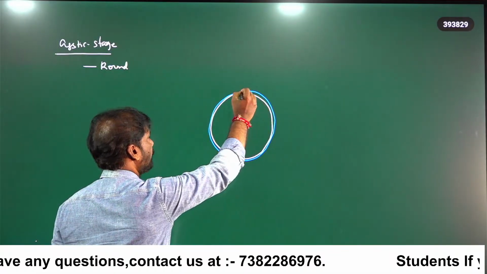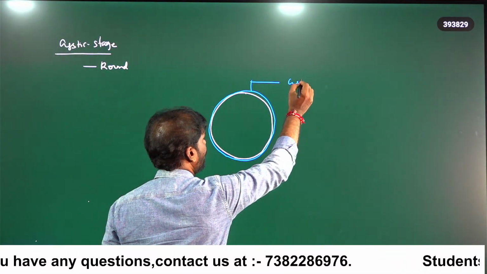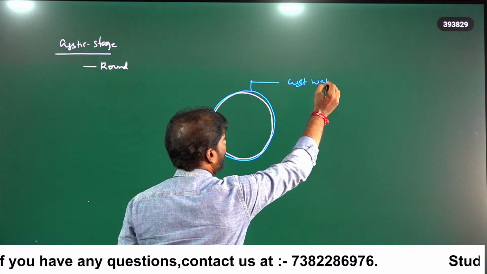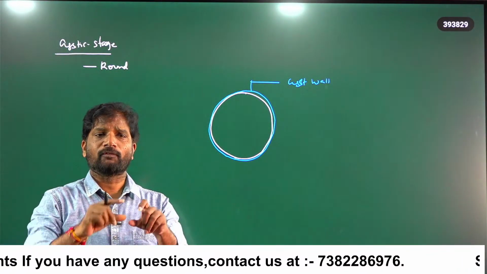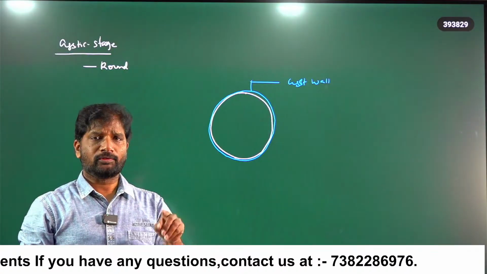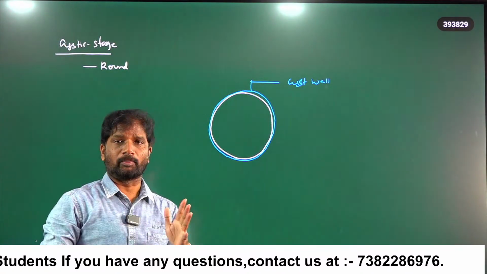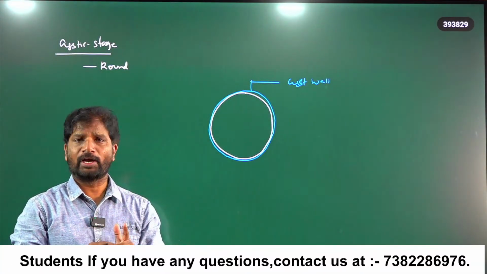Here it is the cyst wall, which develops. In our academy book there is a question: in a cystic stage, the cyst is composed of either chitinous material, protein material, or fat material.